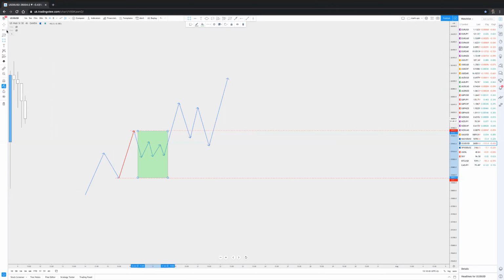Now, as we know, our pullbacks can result in price creating a downtrend, and we may see deeper retraces, sometimes ultimately breaking structure completely. Okay, so those deeper retraces can result in structure breaking overall.